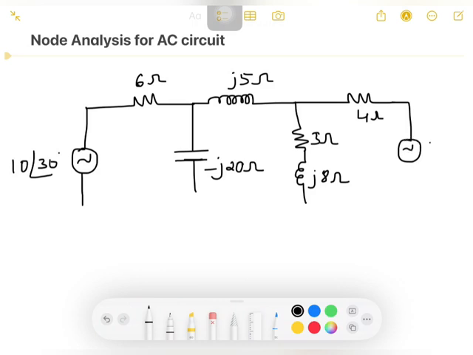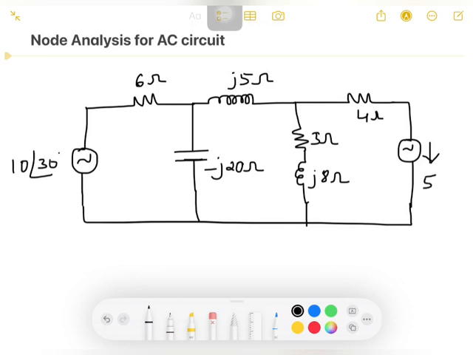The direction is given below, the current flowing is downward. The voltage given is 5 at an angle minus 30 degree volts, and this is the ground.